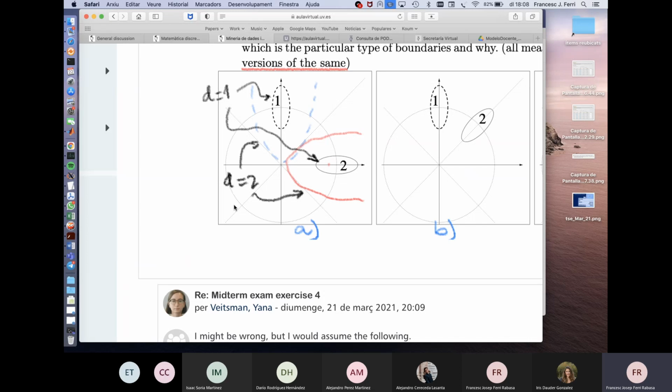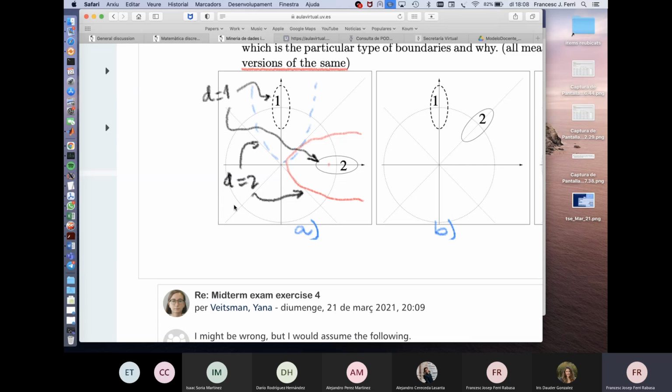Because you know that the boundaries are the region of the space where the posterior probabilities are the same for the two classes. So if I go like this, at this point, the posteriors are the same.